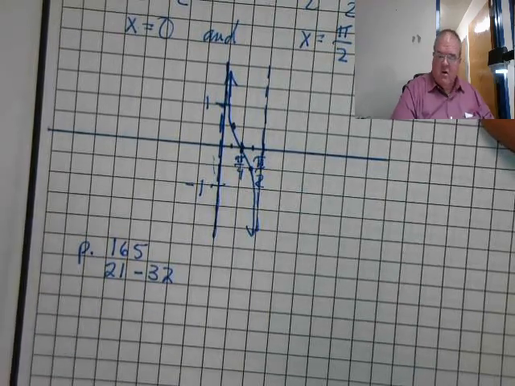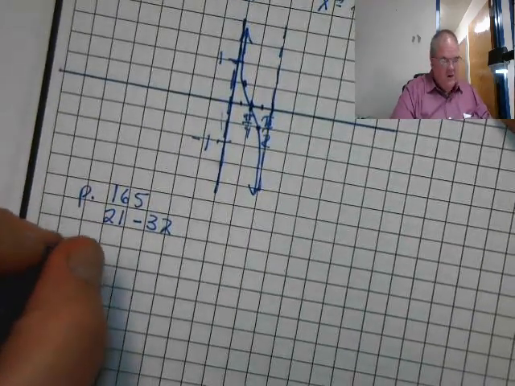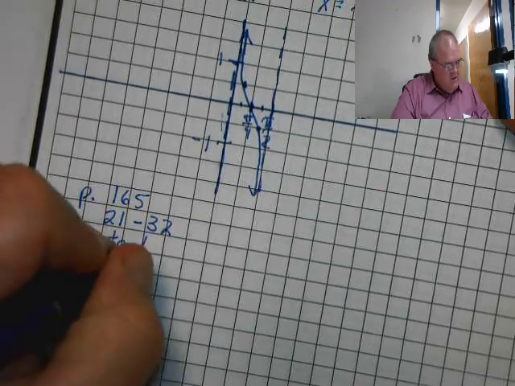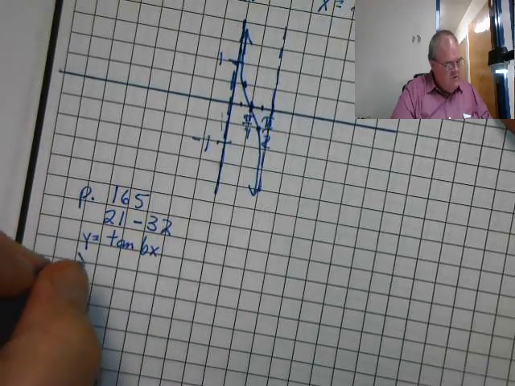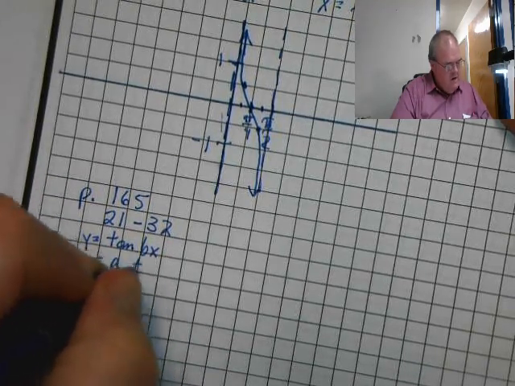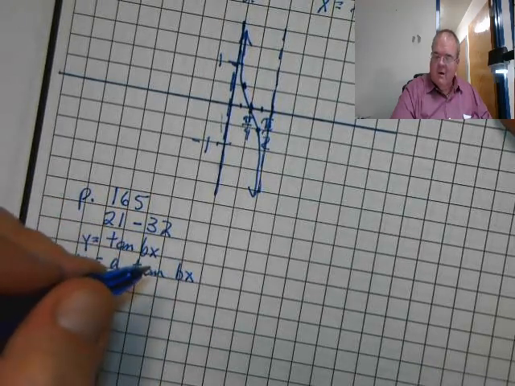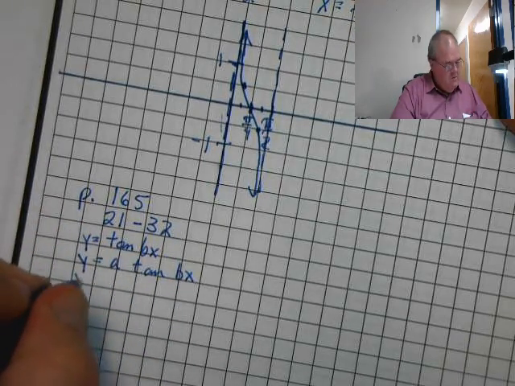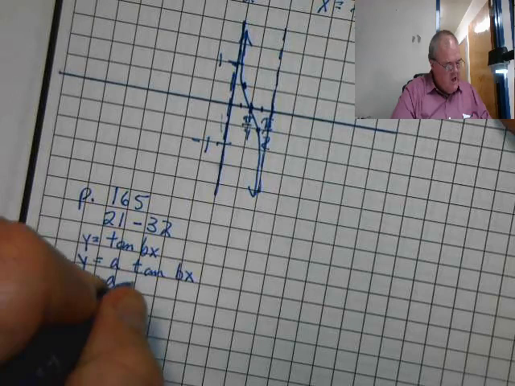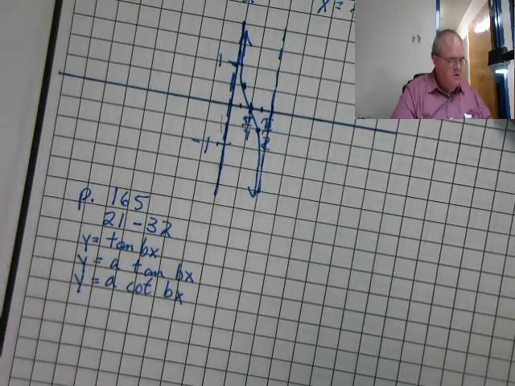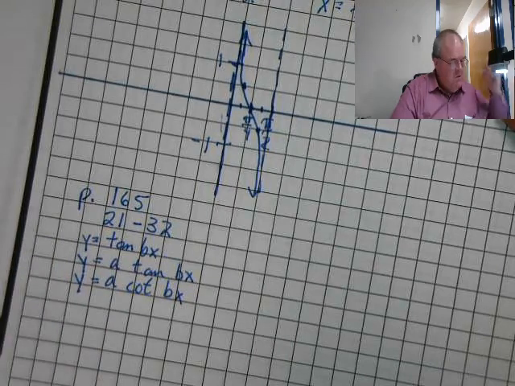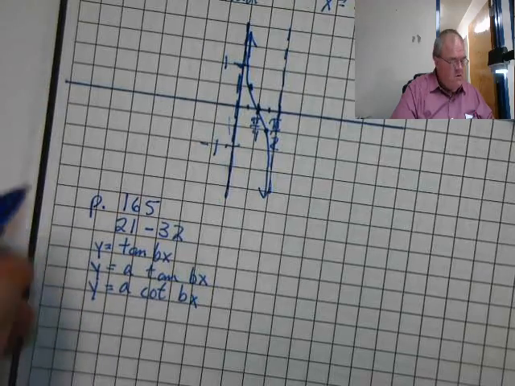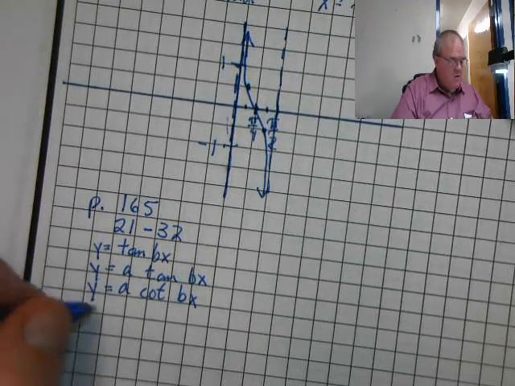And again, you're going to work at least 2 problems for y equals tangent of bx, at least 2 problems for y equals a tangent of bx, and at least 2 problems for y equals a cotangent of bx. So there's going to be a minimum of 6 problems you have to do. You get to pick what they are, but you do have to work a minimum of 6 problems. There's more there if you need it.